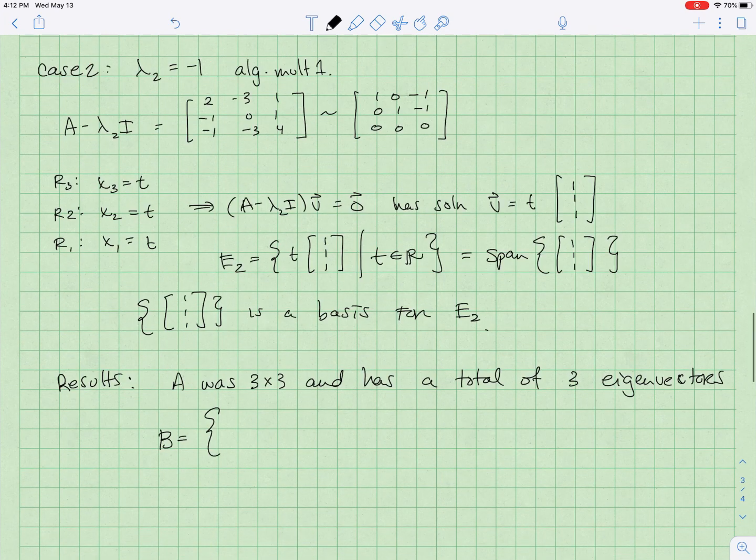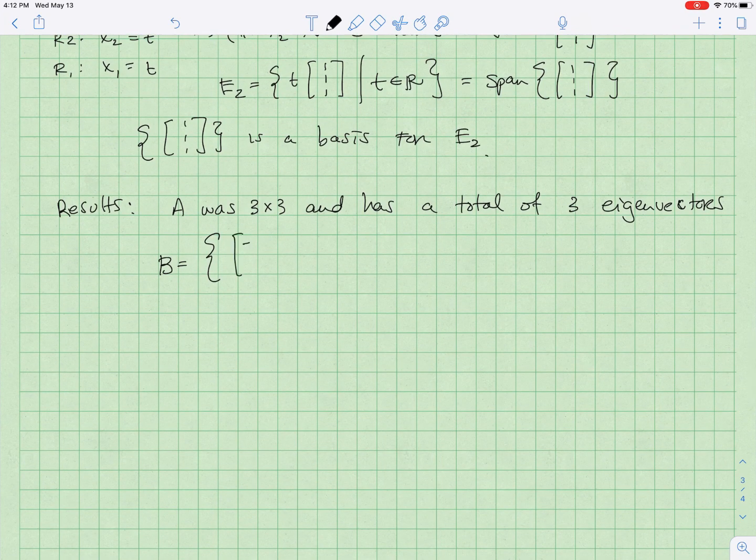Negative 3, 1, 0 is one possible eigenvector. 1, 0, 1 is another one. And then this third one, 1, 1, 1 from the other eigenvalue, together generate what's called an eigenbasis for R3. So remember that the dimension of R3 is equal to 3.